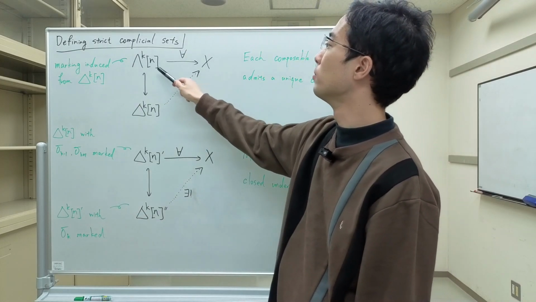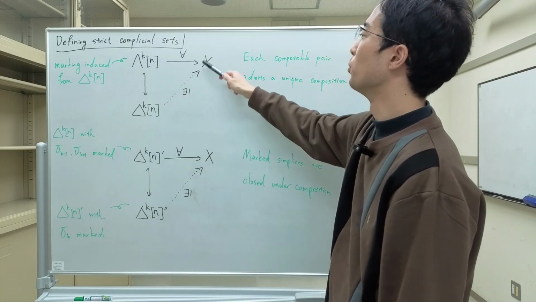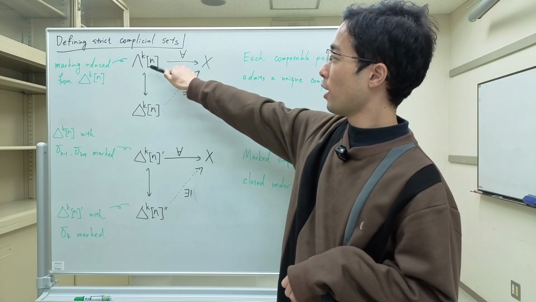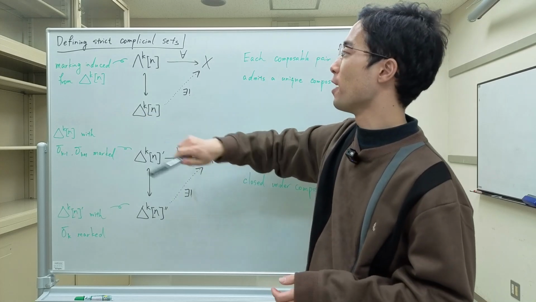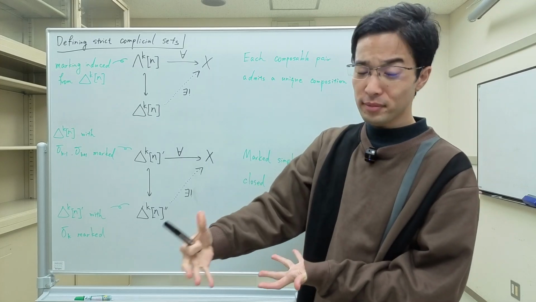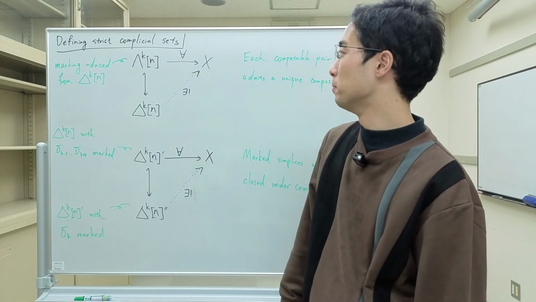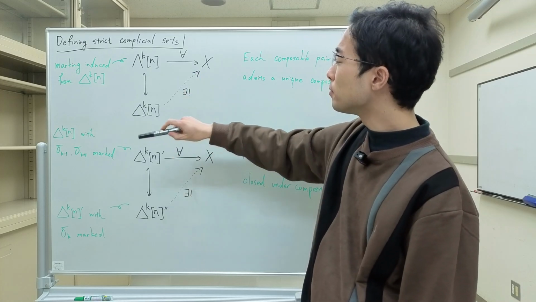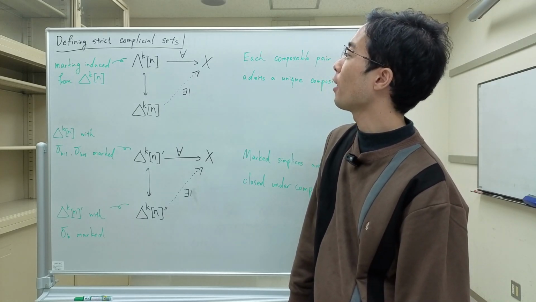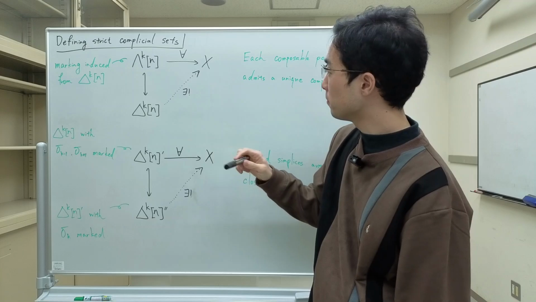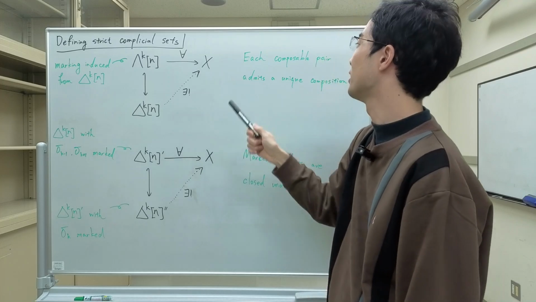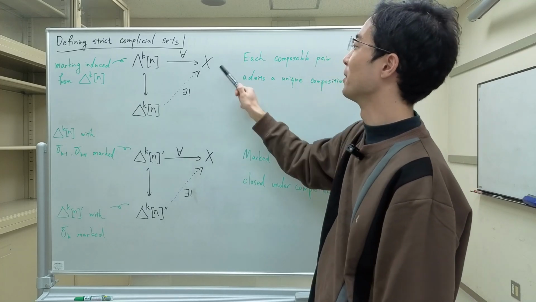So a map from this k horn into x is essentially the k minus first and k plus first faces plus all the marked identity things between them, with the kth face removed. So in that sense, a map from this horn into x is like a composable pair of simplices in x.